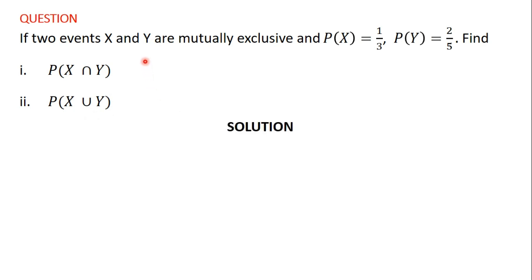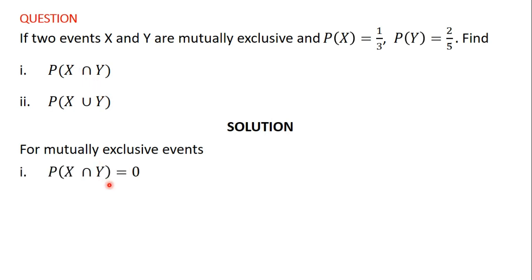Now we are being told that x and y are mutually exclusive. If x and y are mutually exclusive, we know that probability of x intersection y is equal to 0, because for mutually exclusive events, they cannot occur together. So probability of x and y occurring together, which is the same as probability of x intersection y, is equal to 0.